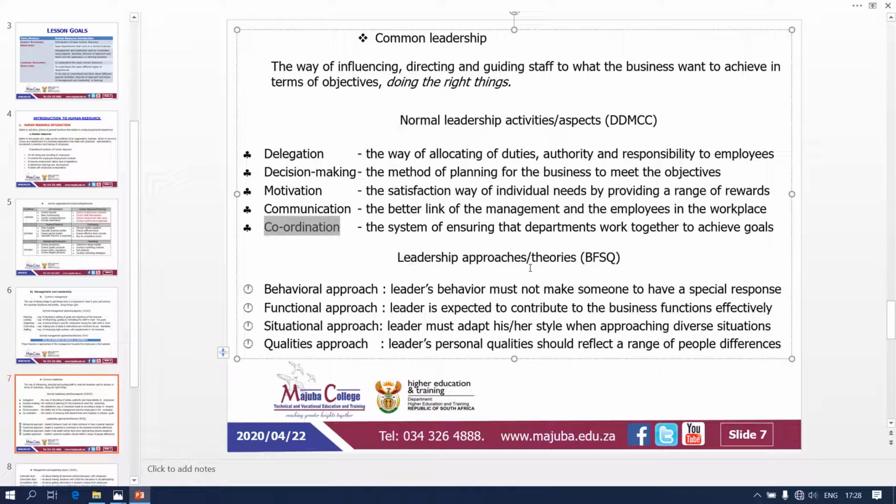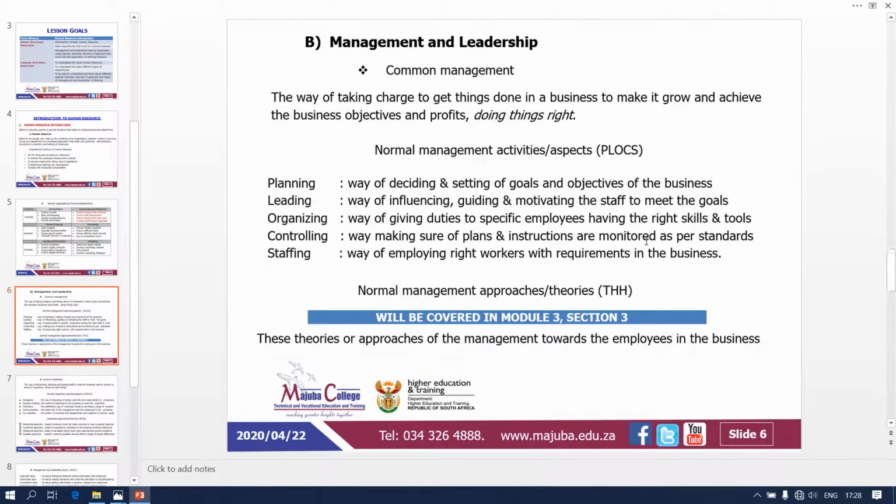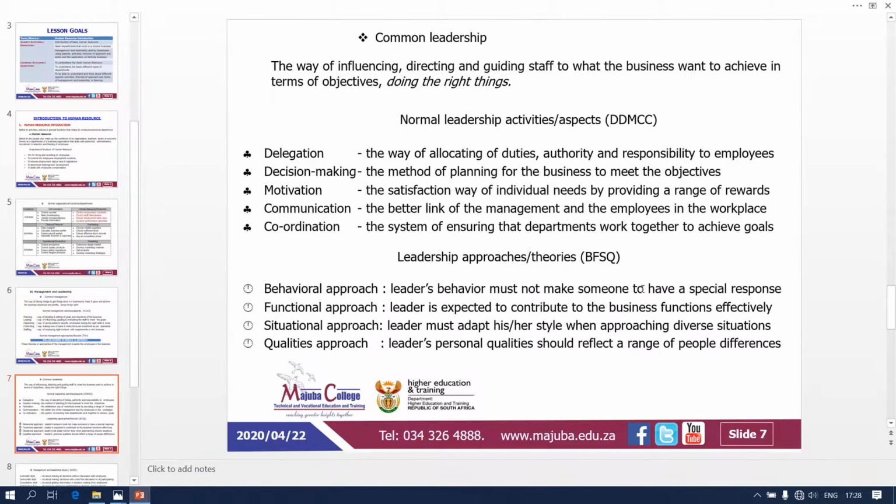Right? Let's look at leadership approach. This is how people need to approach things. Remember, the manager, and this one is a leader. A manager is doing something different. There is a manager, THH. This one, BSFQ. But it does not limit the manager from focusing on this either: behavioral aspect, functional approach, situational approach, qualities approach.